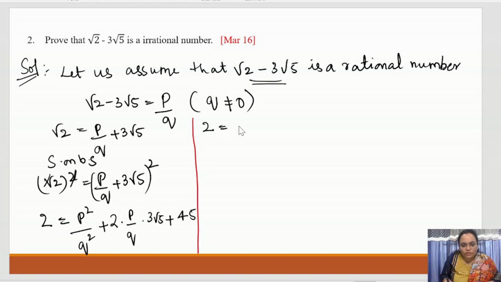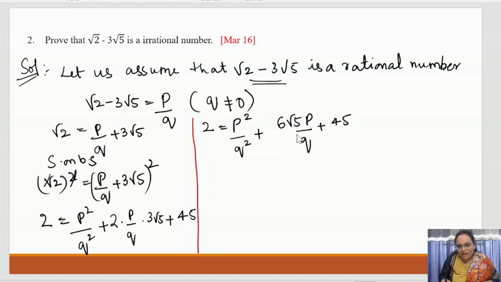2 is equal to p square by q square plus 6 root 5. See, I'm just multiplying 2 with 3. 6 root 5 p by q plus 45. So see here, in RHS we have the root 5 term. So we will just keep this root 5 term and send all other terms to LHS.